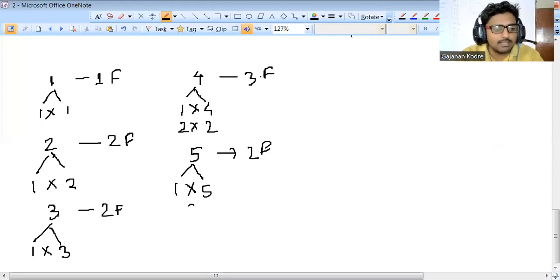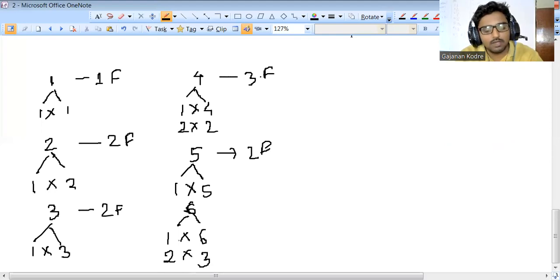Similarly, number 6, just now we have discussed, 6 has how many factors? 4 factors. 1, 6, 2, 3. Because 1 sixes are 6, 2 threes are 6, or 3 twos are 6, and 6 ones are 6. So it has 4 factors. Then 7 has 1 into 7, only 2 factors.